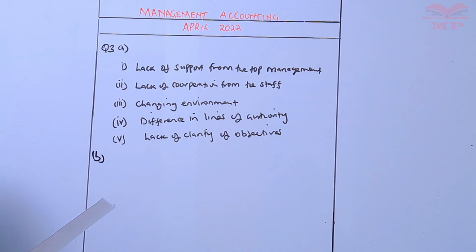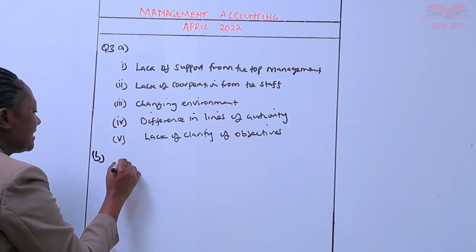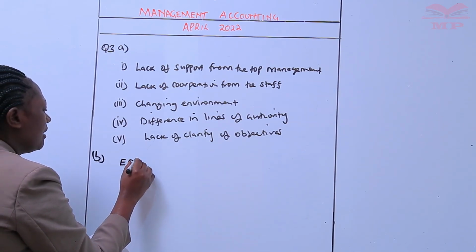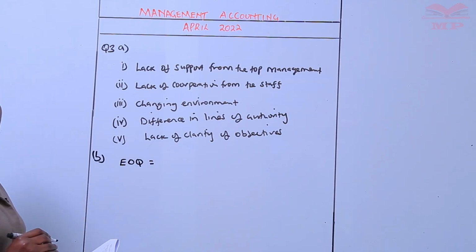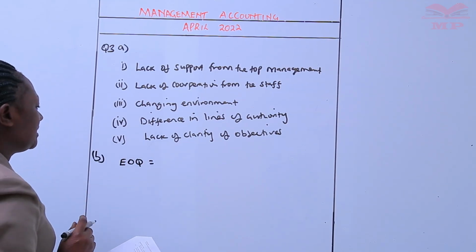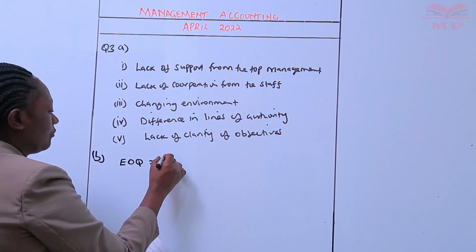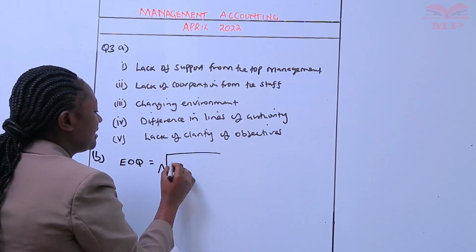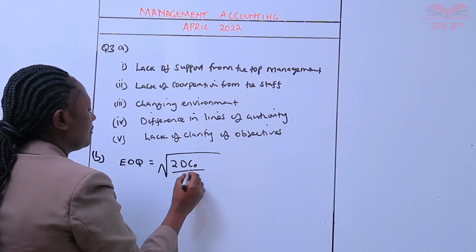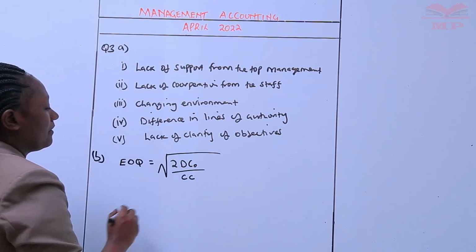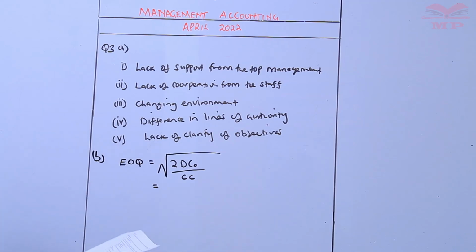The first step is calculate the economic order quantity at the current situation of that firm. So we need to calculate the economic order quantity of that firm before we incorporate any quantity. So how do we calculate economic order quantity? Simply the square root of 2DC0 over CC, where D is the annual demand.